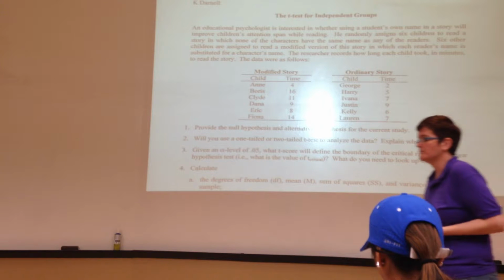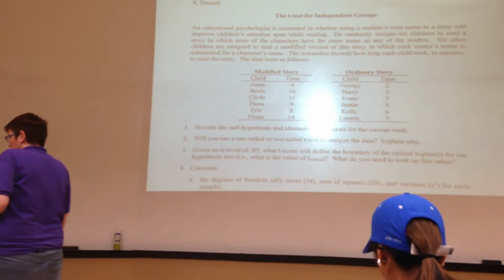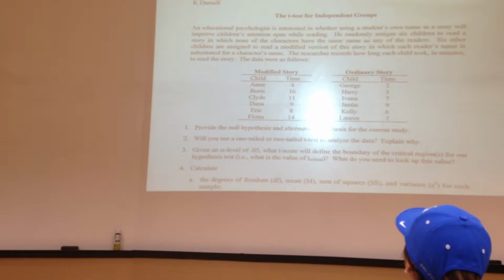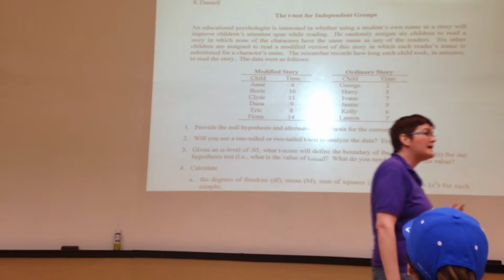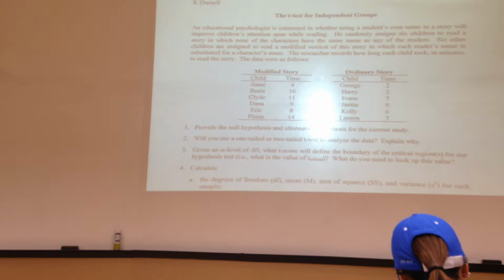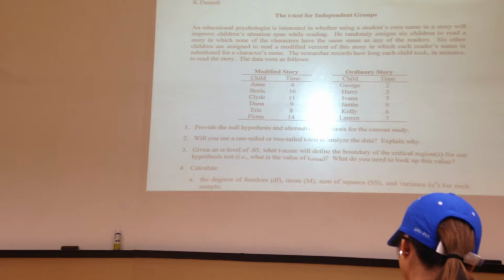All right, so here's the setup. A researcher is doing research on factors that encourage young children to read. Because we want kids to read, and the best way for them to improve their reading is for them to read more, practice, practice, practice. Right? Practice makes perfect.